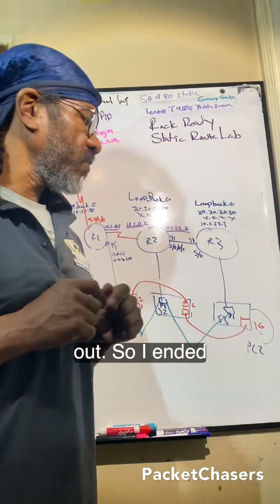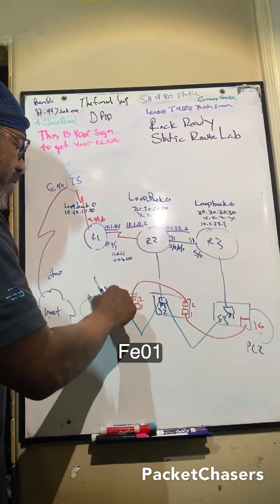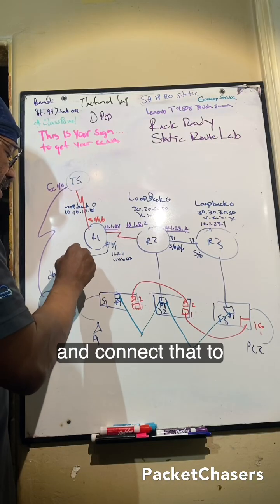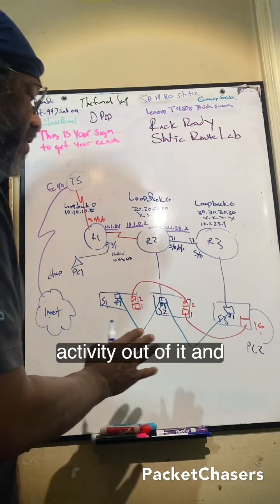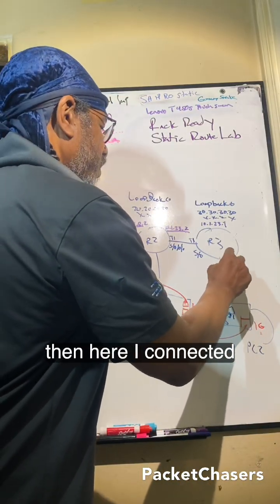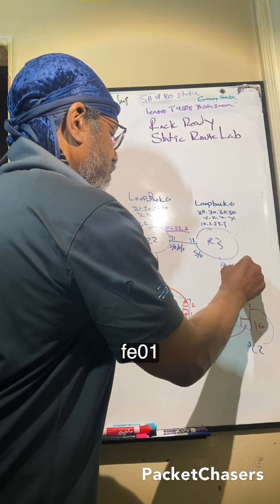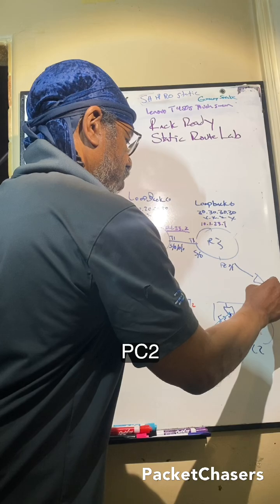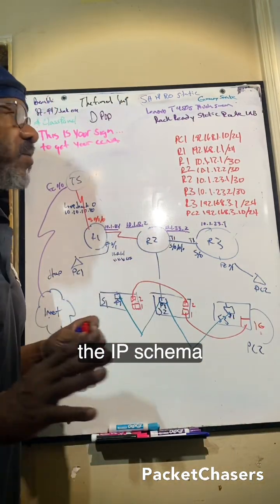So I ended up having to take this FE01 and connect that to PC1. That way I could take the switching activity out of it. And then here I connected this router's FE01 to PC2.